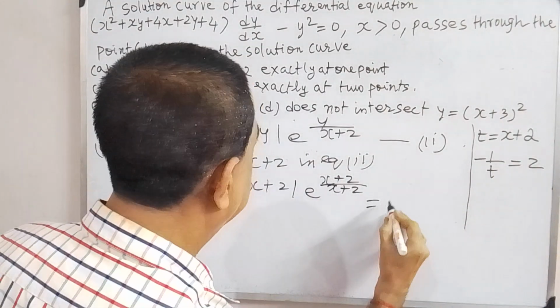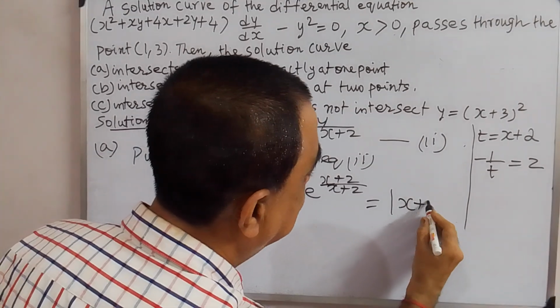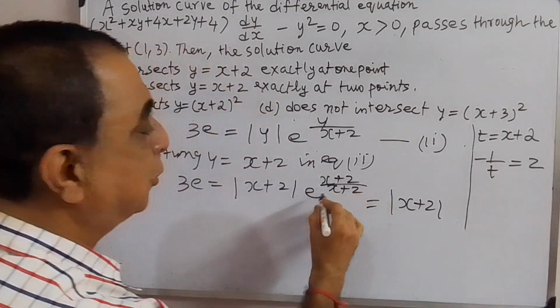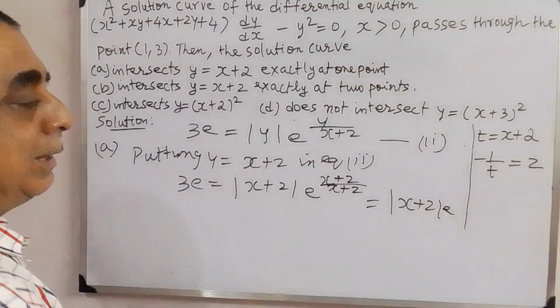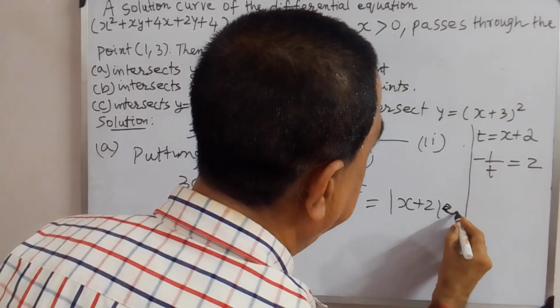So this becomes mod of x plus 2 into x plus 2 divided by x plus 2, which is 1. So this becomes e.